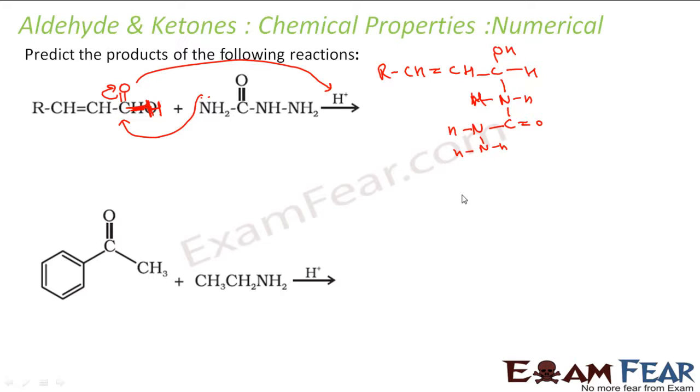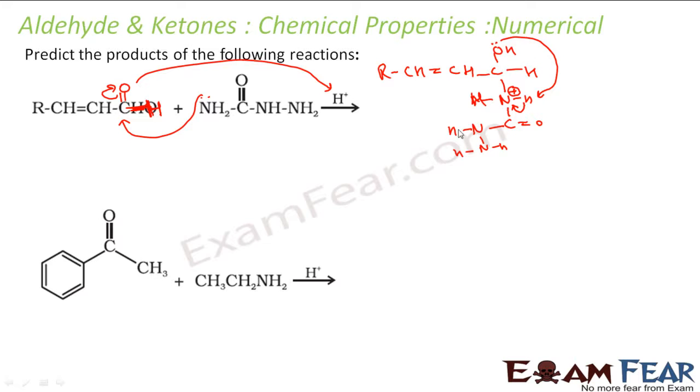This is what you get. Correct. Now since nitrogen has given the electron to carbon, it gets positive charge. Nitrogen doesn't like positive charge, so it asks hydrogen to leave, and this hydrogen will go to this oxygen. Oxygen has the lone pair. This will become H2O plus, and the water will go up, and this will become a positive charge.